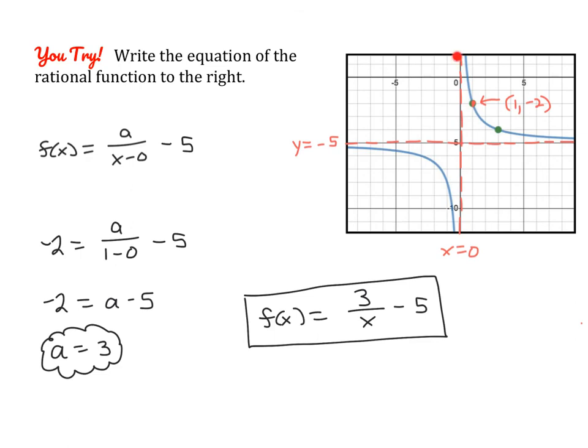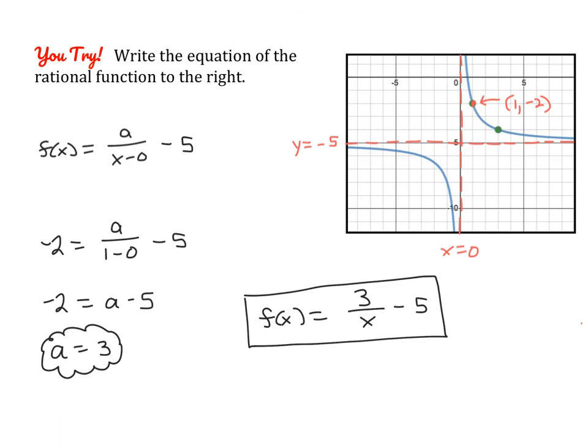So you can see we have a vertical asymptote at x equals 0, a horizontal asymptote at y equals -5. So our h value is 0 and your k value is -5. Of course, you don't need to write in this -0, but I just put it in to show that it is technically our h value.